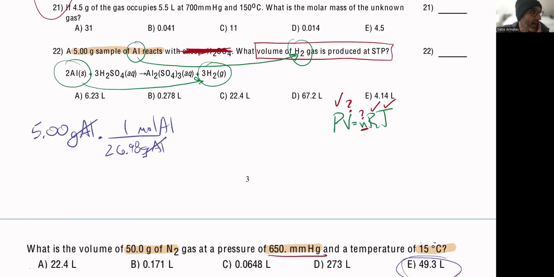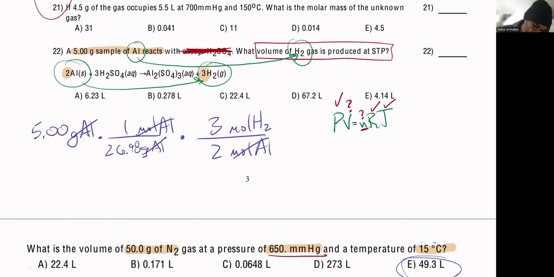Right now, if I stopped, I would have moles of aluminum. But that's not what I want. I want to get rid of moles of aluminum, and I want to end up with moles of hydrogen. So according to the balanced chemical equation, 3 moles of hydrogen is equivalent to 2 moles of solid aluminum.